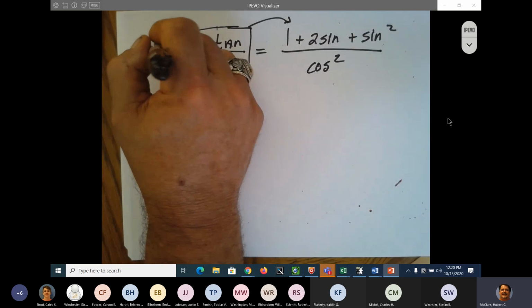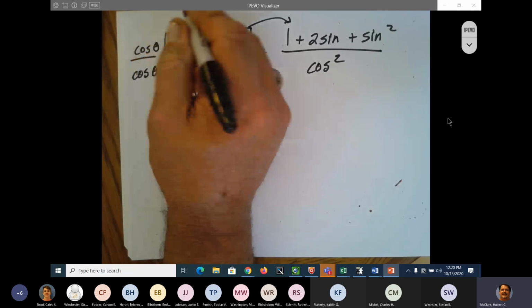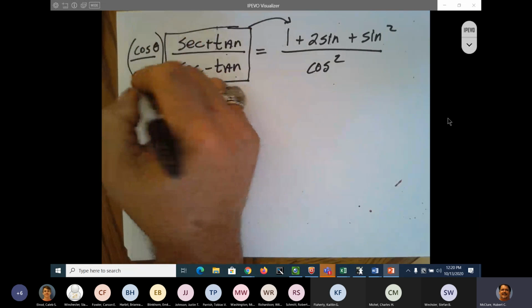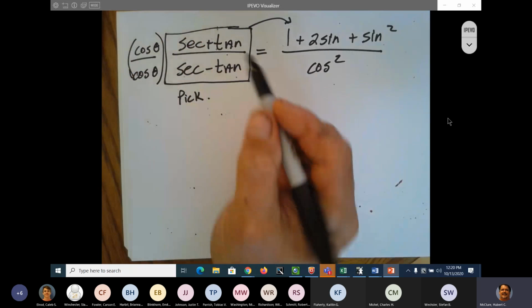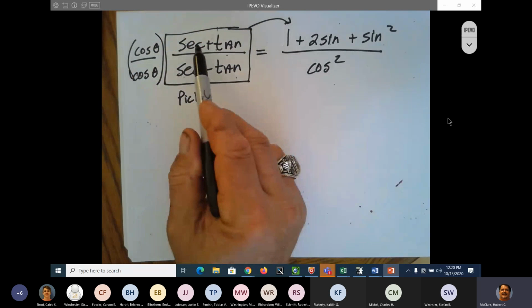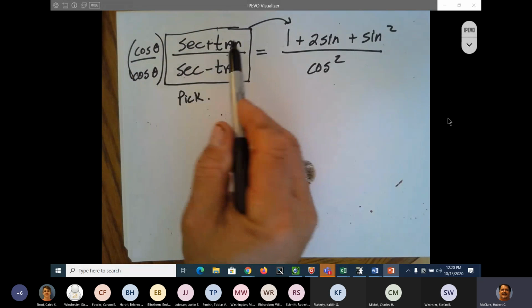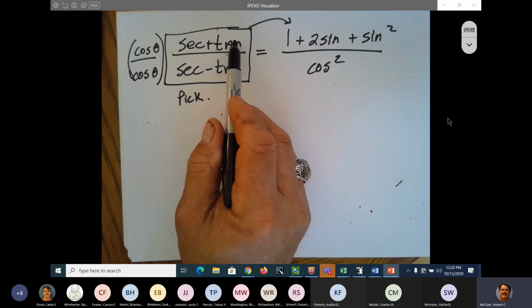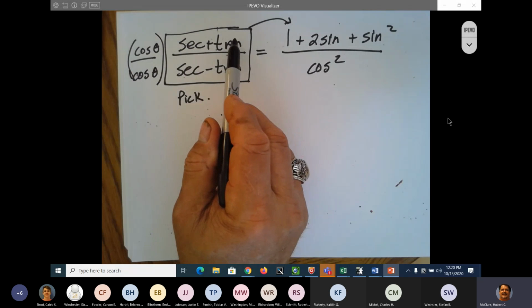I guess you could probably do the sine also, but the reason I picked the cosine was because of the secant or the tangent, because you can rewrite tangent with the cosine on the bottom.